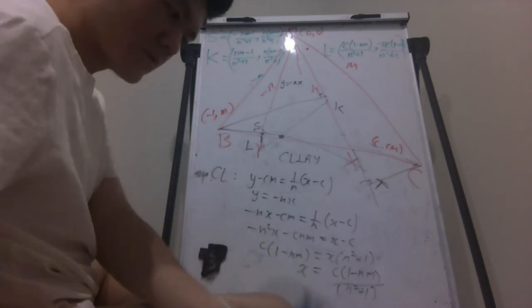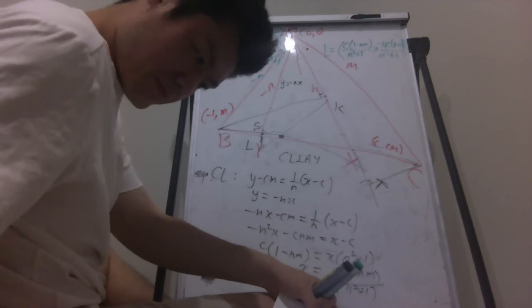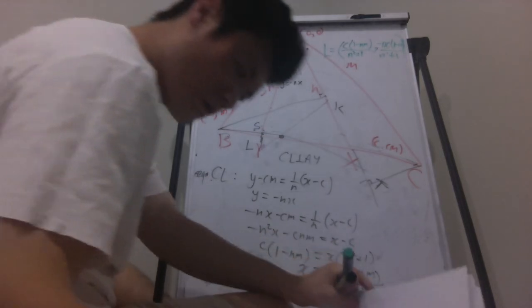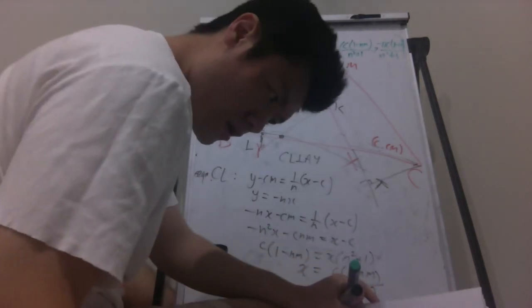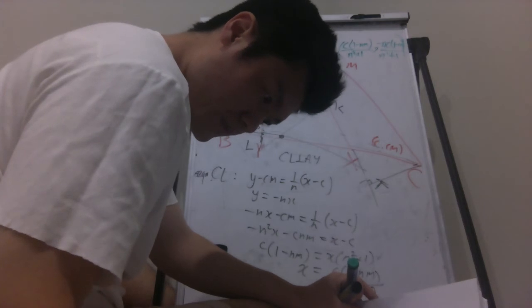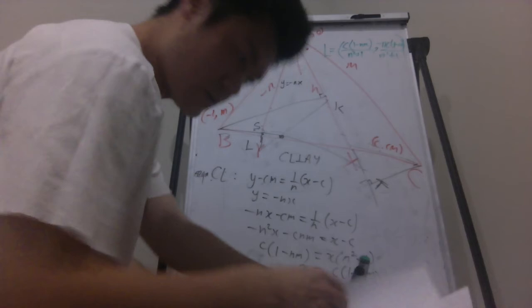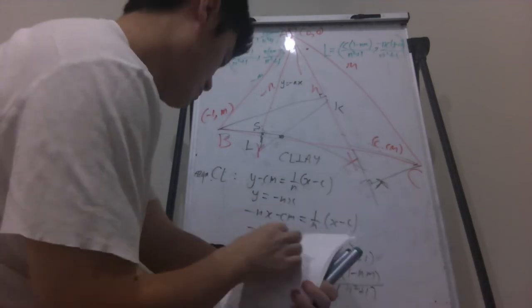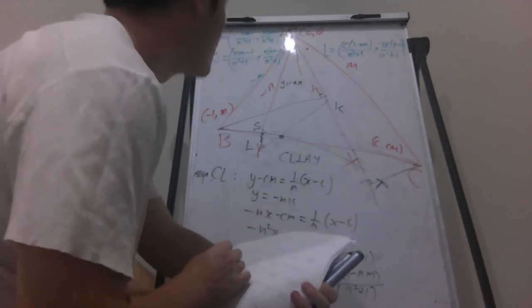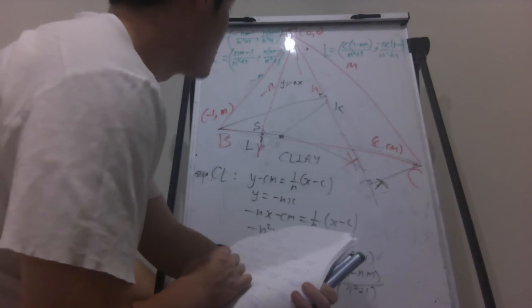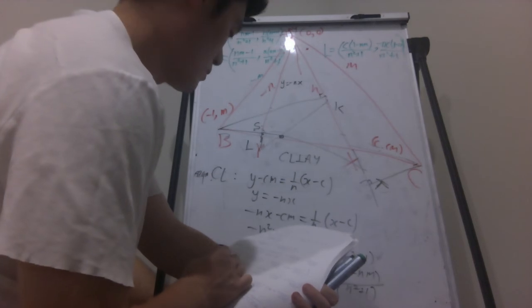Is that what we got as well? L is minus c times, 1 minus nm.